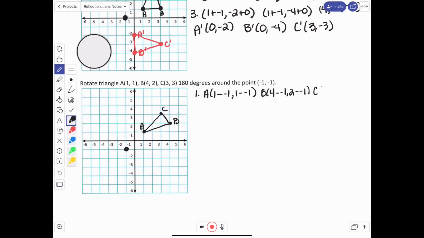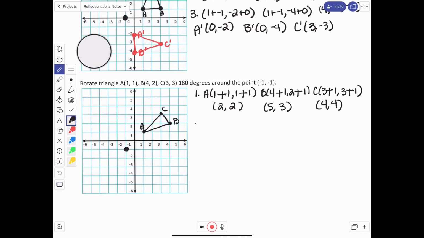And for C, we've got 3 minus -1 and 3 minus -1. Okay, so when we simplify that, remember the double negatives are going to turn positive, so we're going to get 2, 2. For B, that's going to be 5, 3. And for C, that's going to be a 4, 4.